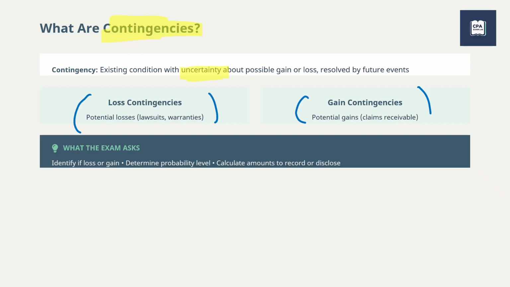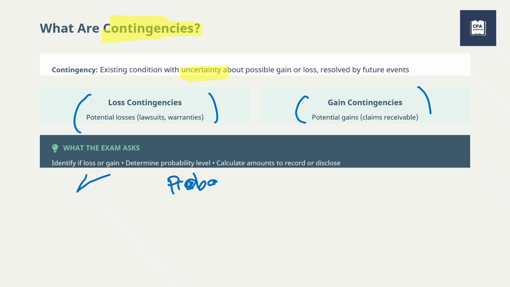And what does the exam ask the students? They want to know if we can identify whether it's a loss contingency or a gain contingency. And they want to make sure that we can understand the probability level. So here you are going to hear three different words. Number one, is it probable?